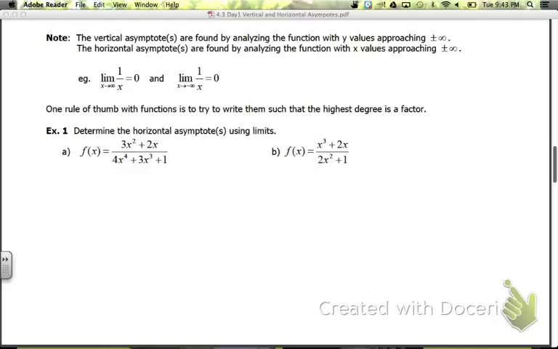Our highest degree in this case is x to the power of 4. So we are going to divide each term in our function by x to the power of 4.